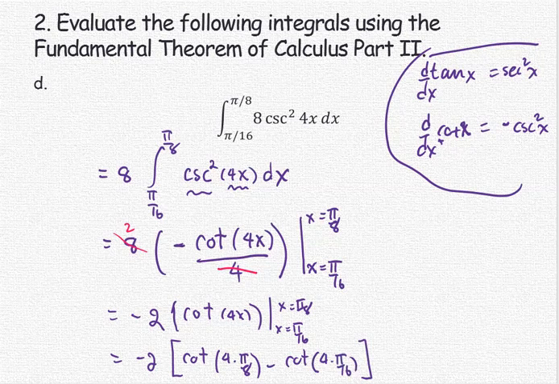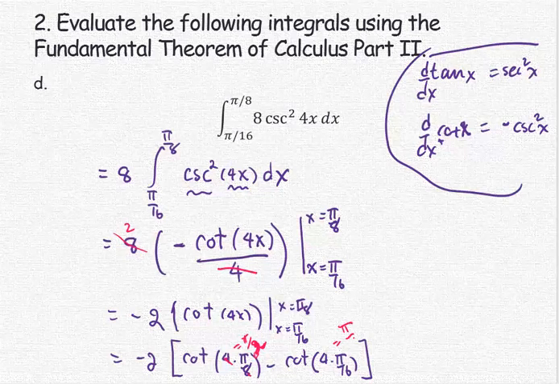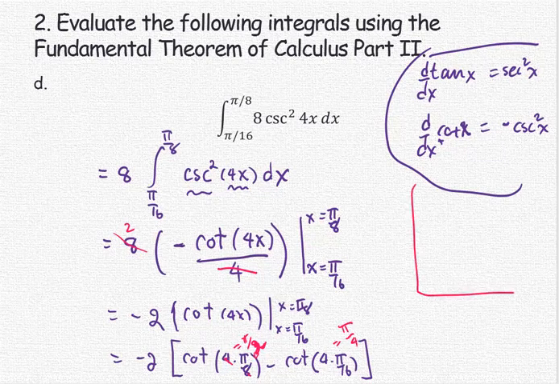Okay, 4 times pi over 8 reduces to pi over 2, and the second term reduces to pi over 4. On the side note, let's see what the cotangent of pi over 2 is.